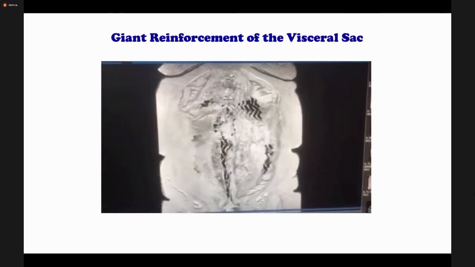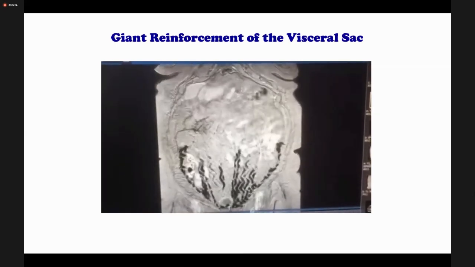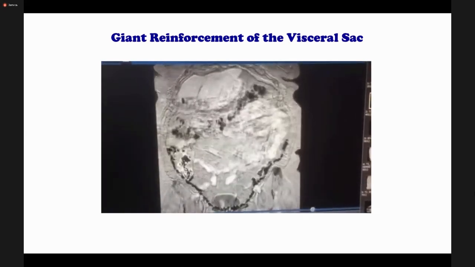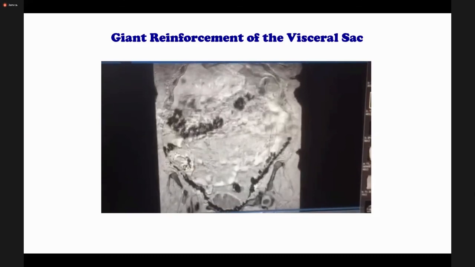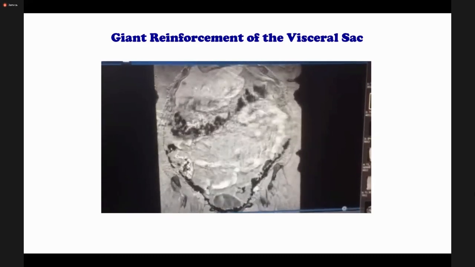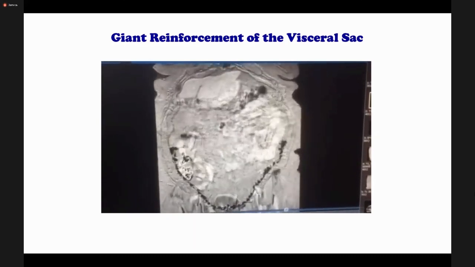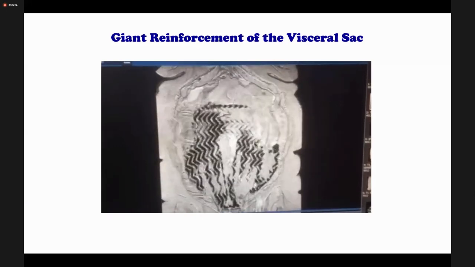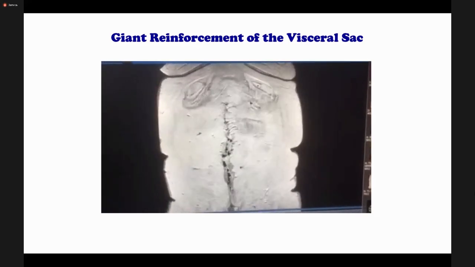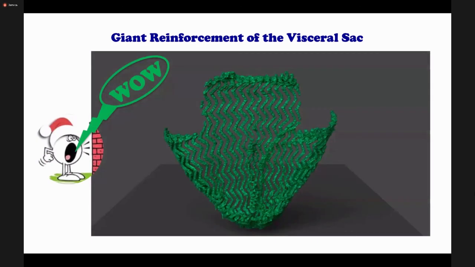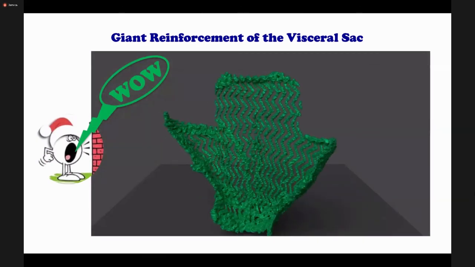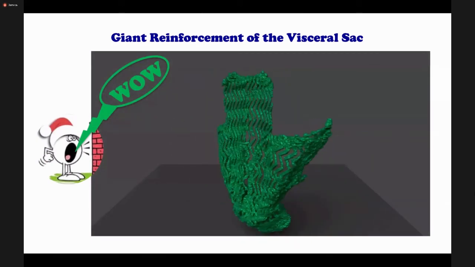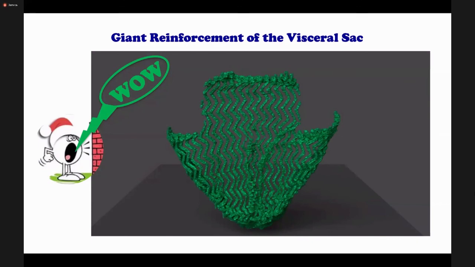I will just show you some of the images that you can create. This is a patient that had a giant reinforcement of the visceral sac together with a small part of Rives-Stoppa repair. This was probably a patient with a large suprapubic hernia and also some hernia around the umbilicus.